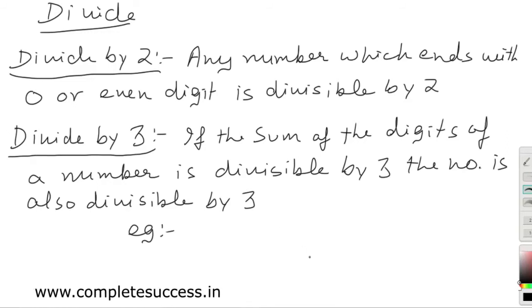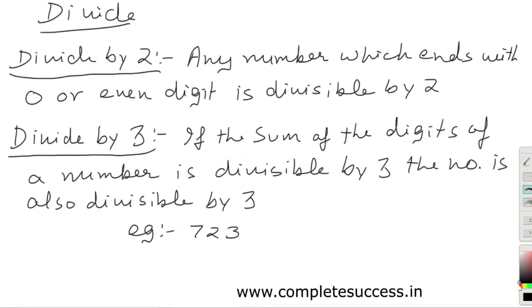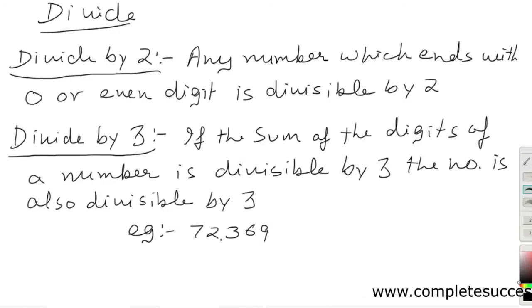Example, 72,369. Is this number divisible by 3? Yes, this is divisible by 3.